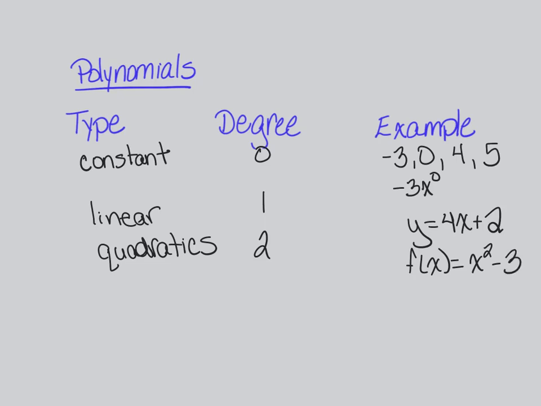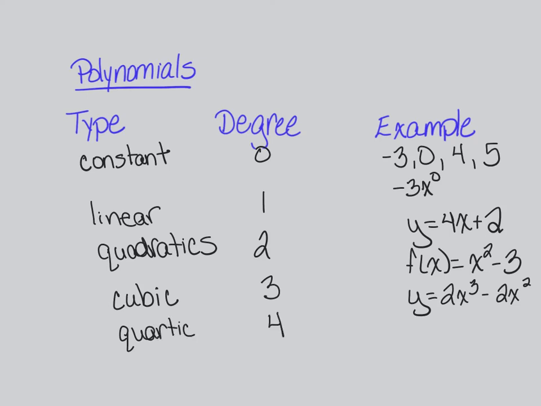So constants, linear, and quadratics we've talked about. We've been doing lots of different work with them. We have briefly touched on what's called a cubic. A cubic has a degree of 3. That means their highest exponent is a 3. The other one that we'll talk a lot about is a quartic.